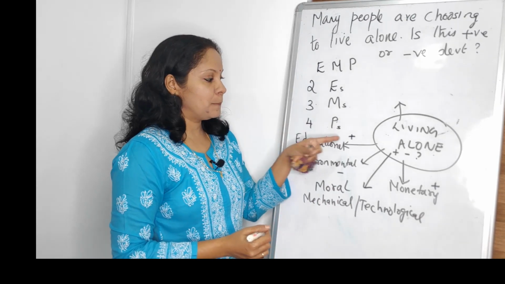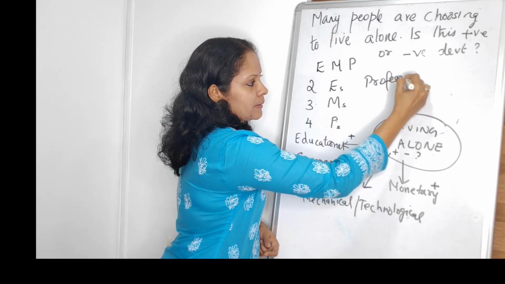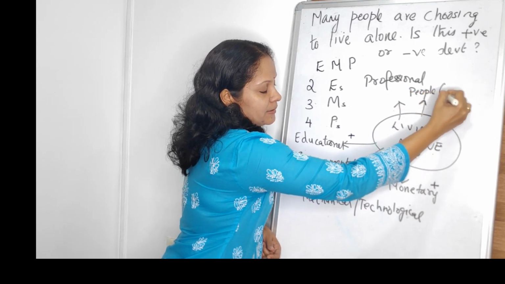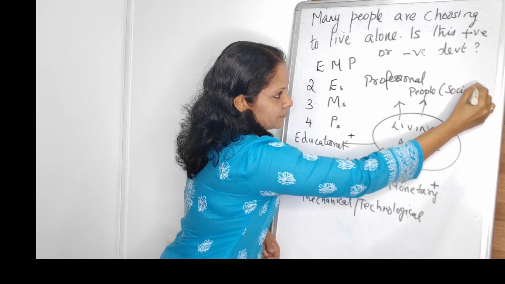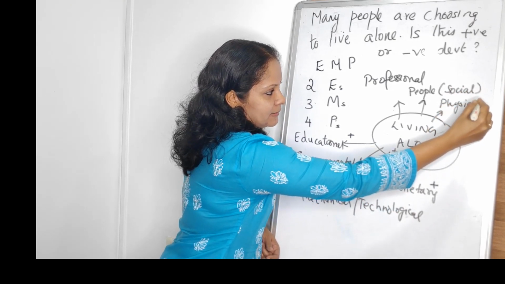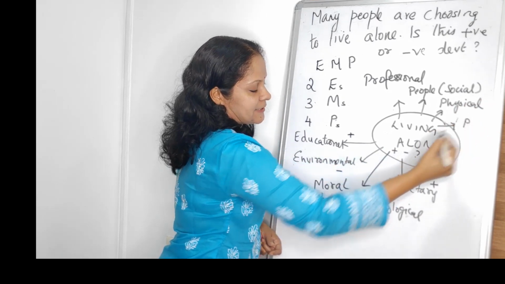If you look at the 4 P's, 1 P refers to professional, the other P refers to people, by which I mean the social dimension, and the other P refers to physical, basically physical health, and there is one more P which will be dealt a little later.